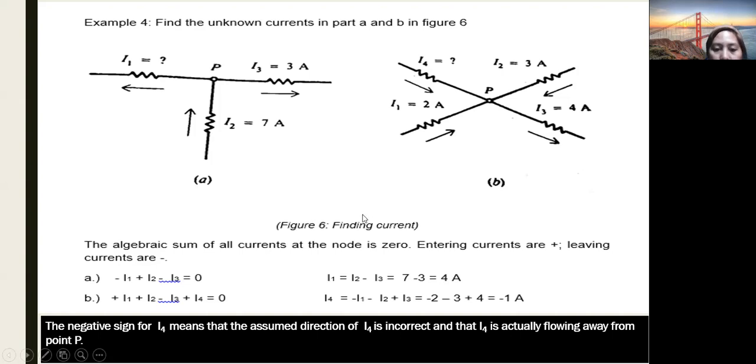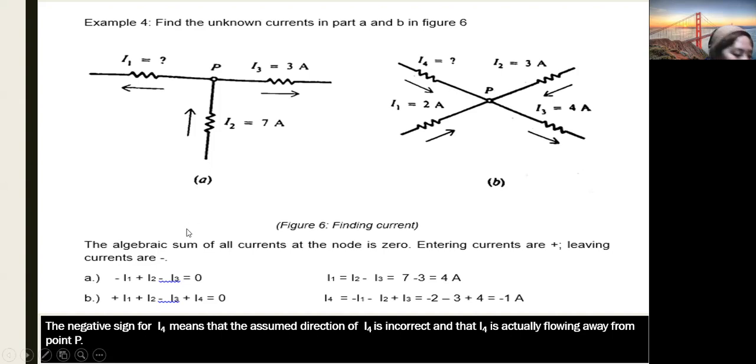So letter B. This is the junction, the node, or the common point. Positive I1, positive I2, then I3 plus I4.